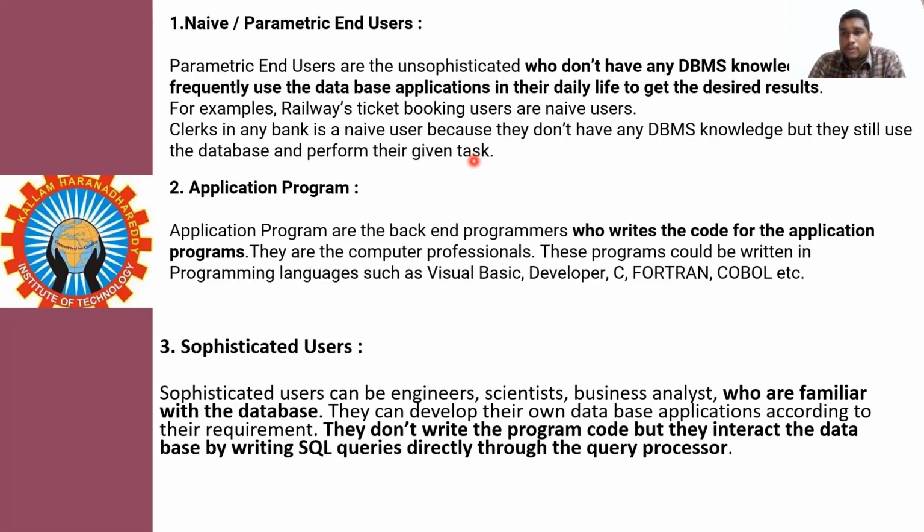We don't know the process of how the money comes out of the ATM, how the action is performed. A person accessing the database without knowing the complete knowledge about the processing is called a naive user, or parametric end user.